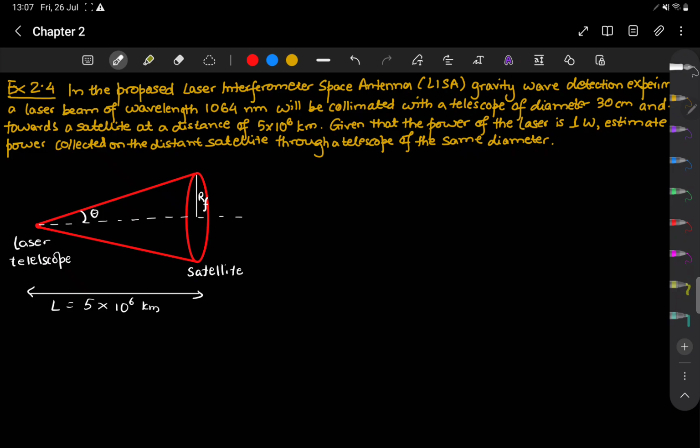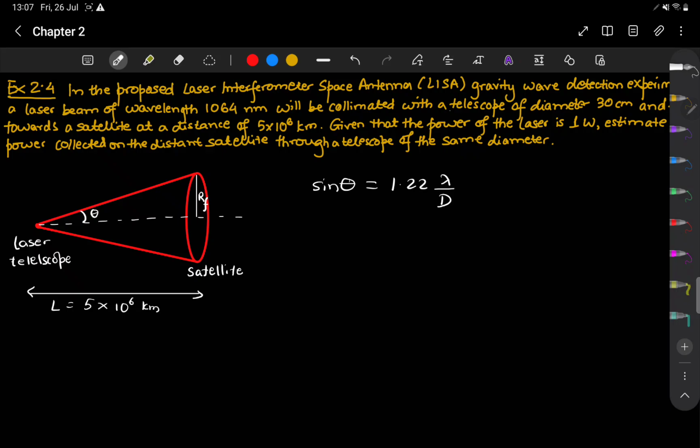Now from the circular diffraction pattern, we know that sine theta for diffraction pattern obtained from circular apertures or lenses is the following. Sine theta is 1.22 lambda over D. D is the diameter of the aperture or the lens being used.